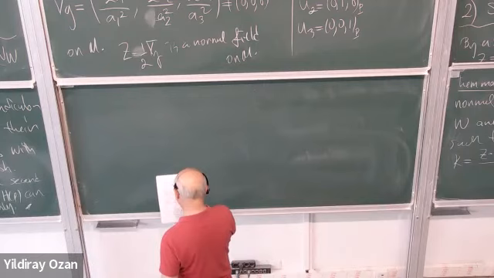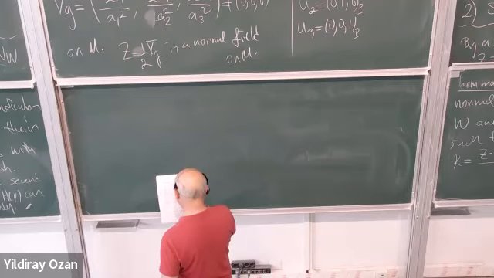Let V, the sum of Vi times Ui, i from 1 to 3, of course, be a tangent vector field on M. Then the covariant derivative of Z along V is what?